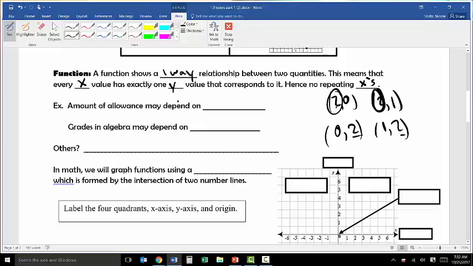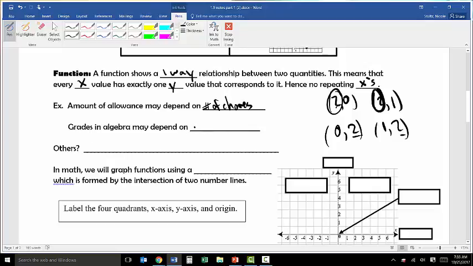So with word problems that are functions, you're always going to have a dependent and an independent variable, which we'll talk about in a minute. So for example, let's say we have a word problem and we're talking about the amount of allowance you get. So that's going to depend on something. Maybe it depends on number of chores. Maybe we'll talk about your grades in algebra.